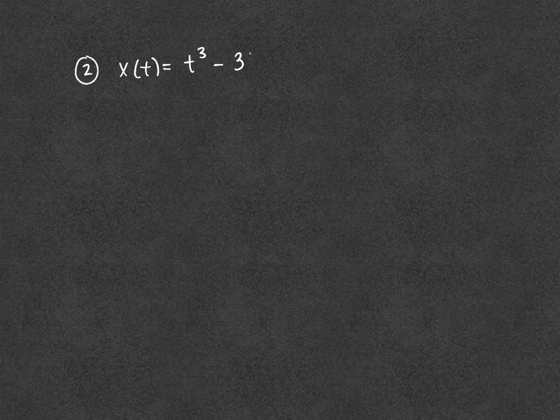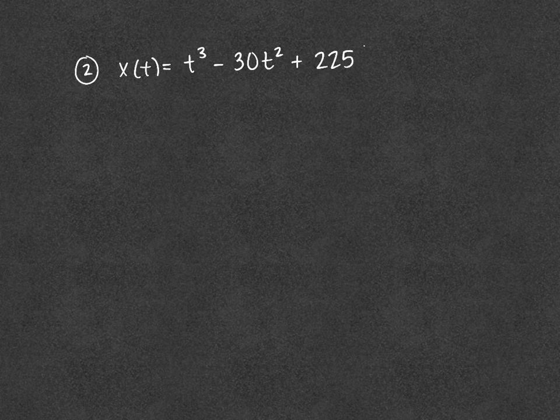Okay, so our second example is, we'll call this X of t, or our standard position function, is t to the third minus 30t squared plus 225t.